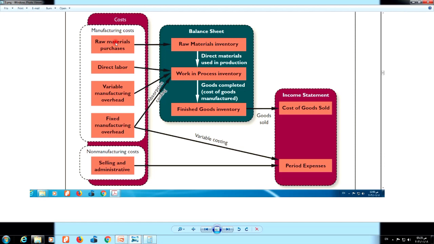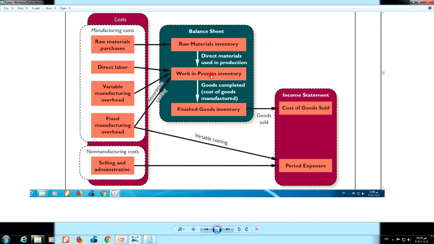Manufacturing costs and non-manufacturing costs: under both approaches, raw materials, direct labor and variable manufacturing overhead are included in the cost of goods sold. However, fixed manufacturing overhead is included only under absorption costing.